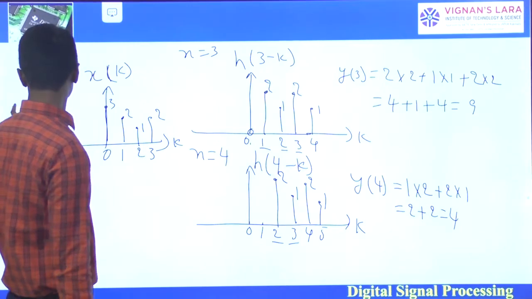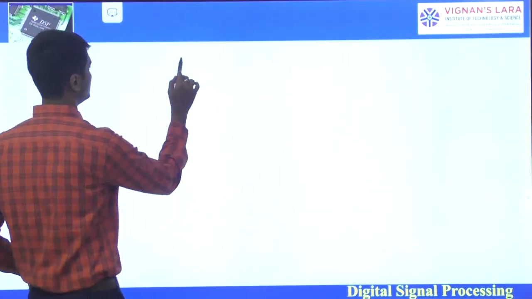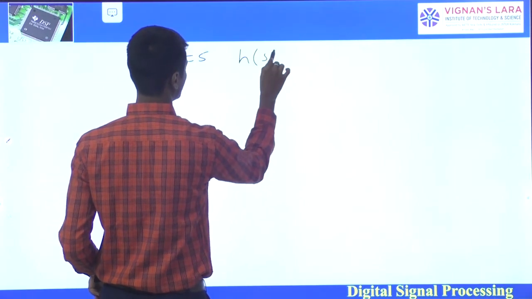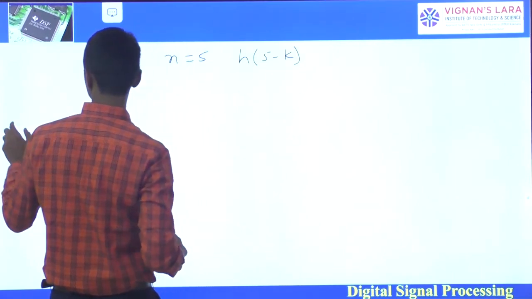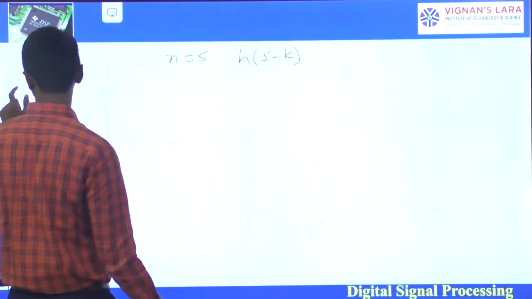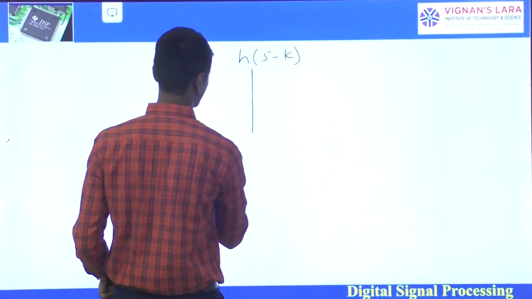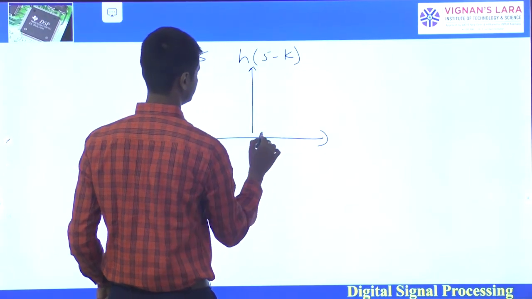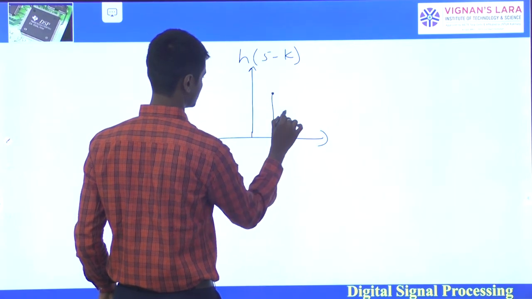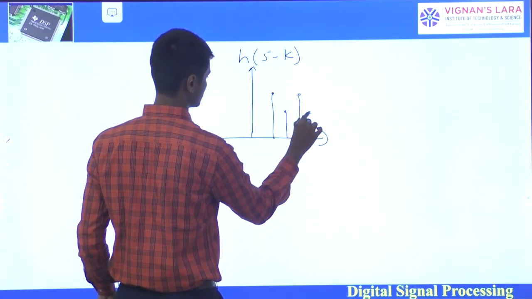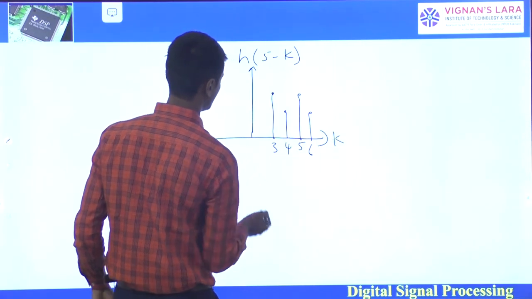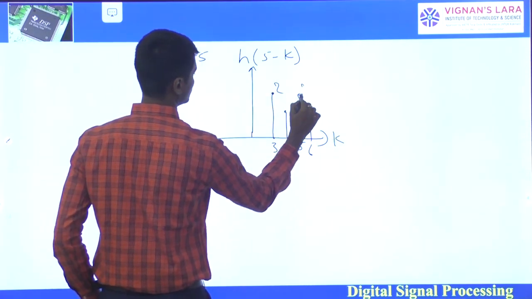So again increase the value of n. So n equals 5. So h of 5 minus k: the sequence started at 3. H of 5 minus k is 3 4 5 6, so it is 2 1 2 1.